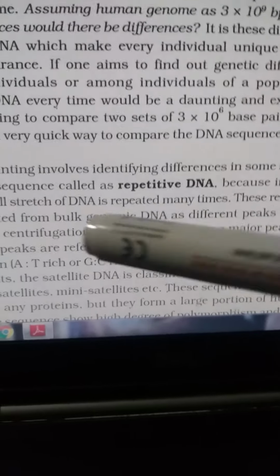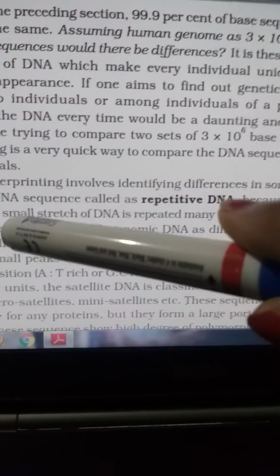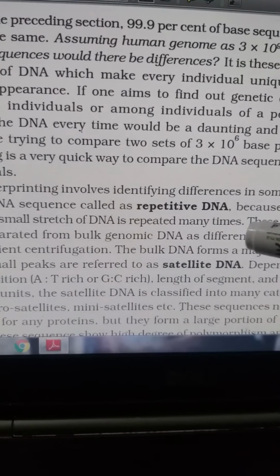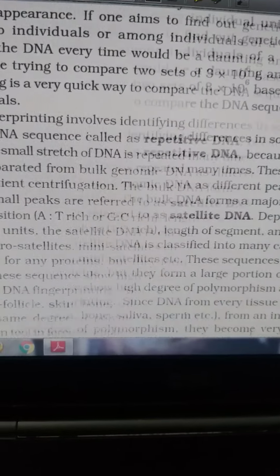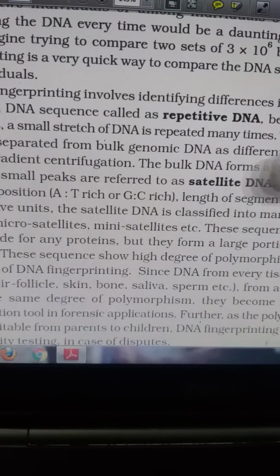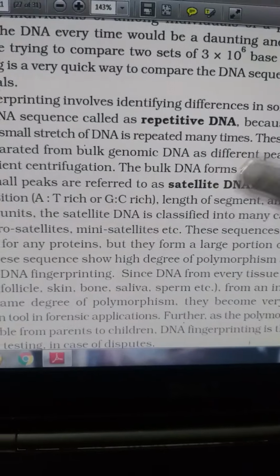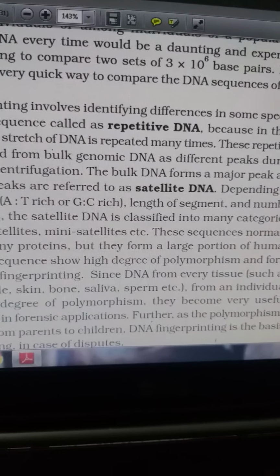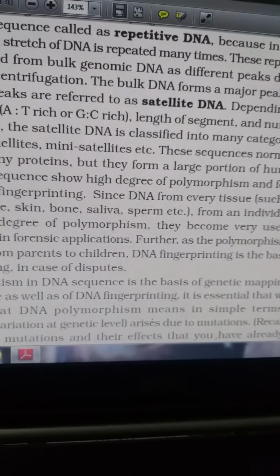We have certain repetitive sequences. These are small stretches of DNA that repeat in the bulk genome, and the bulk DNA has a major peak and other small peaks, known as satellites. That means it is visible from outside. So they have a specific significance.